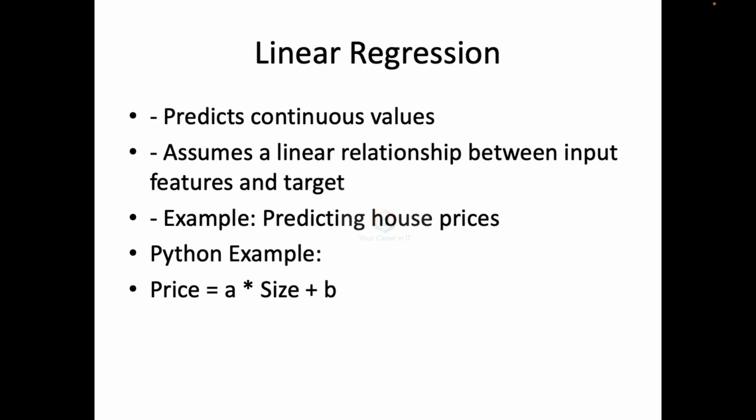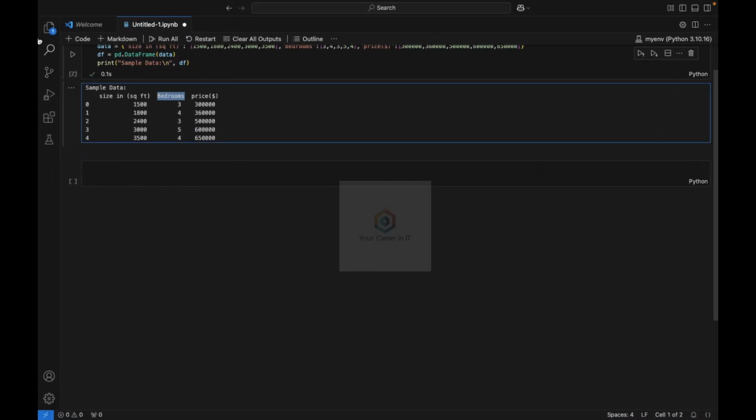Okay, so linear regression. What is regression analysis? Regression is used when we want to predict continuous values. Let's implement linear regression to predict house prices based on size and bedrooms.